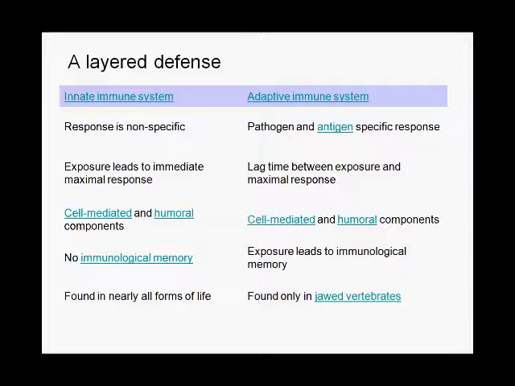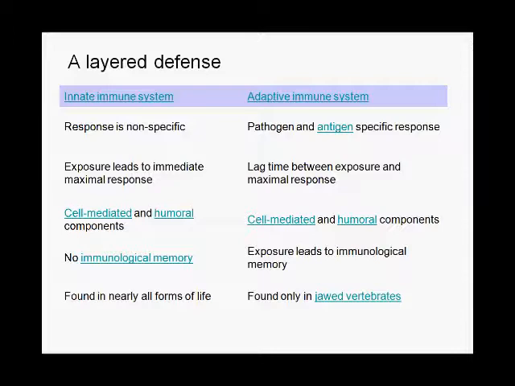There is no modulation of the innate response. The innate response consists of things like physical barriers, acidity, antimicrobial peptides, phagocytic cells. And when they see a bacterium or a virus, they respond to it immediately and maximally.